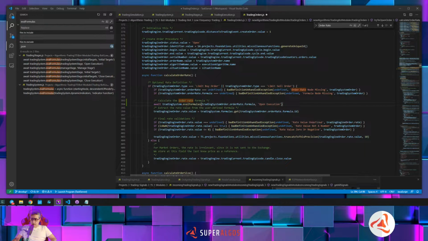One thing to take into account is that this is an asynchronic function that is potentially sending signals via the peer-to-peer network, and I'm using an await here.